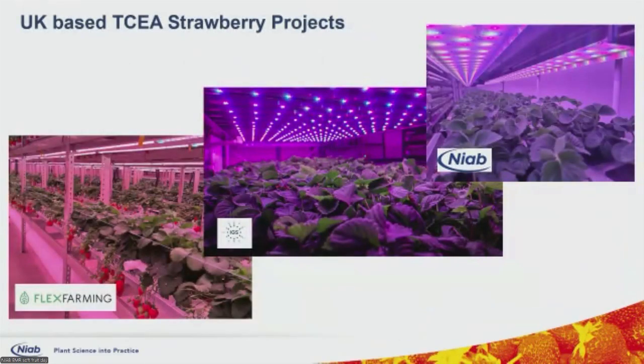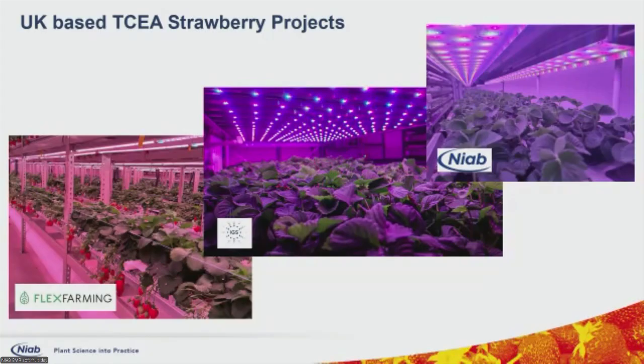In the UK, there have been various attempts for strawberries, and there are some others that I have not included in this slide, but a few to mention are NIAB, who have been working probably 20, 25 years with grow rooms and strawberries. In the last couple of years, we have focused on propagation of strawberries with a 3-year Innovate UK program, with various collaborators.